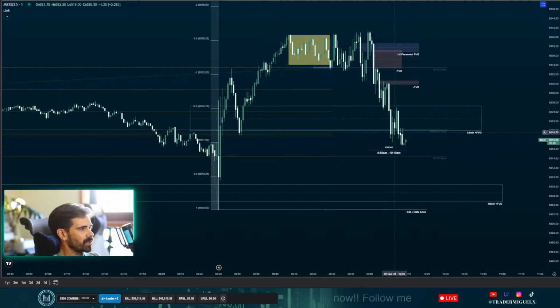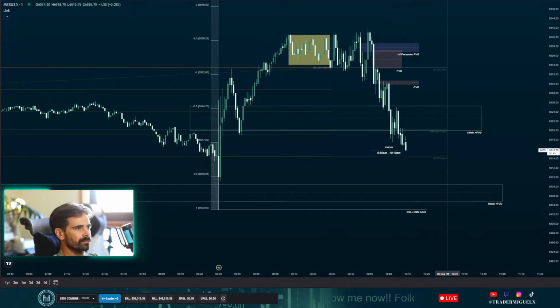Seems like price is trying to reject midnight open here. Let's see if it really rejects it or if this is just a manipulation leg here, just like a Judas swing.